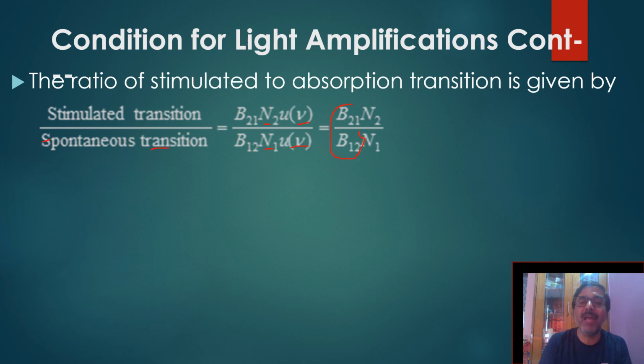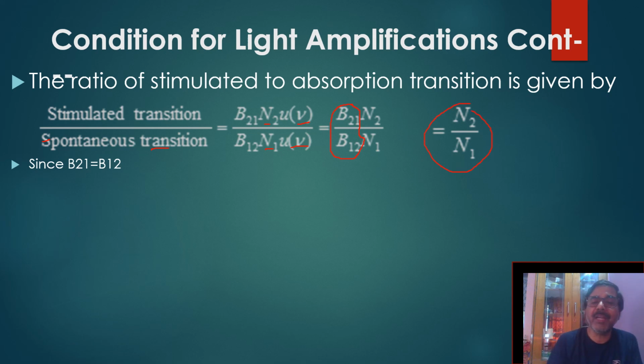That is, both have equal probability. So if B12 is equal to B21, then what we are getting is N2 by N1.